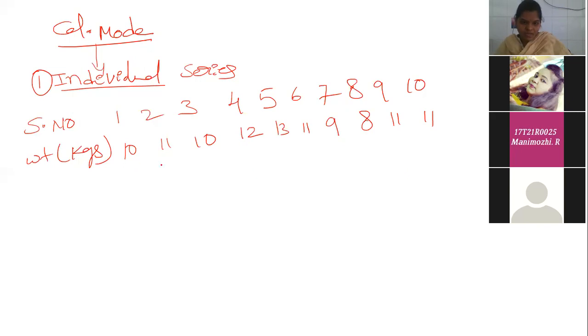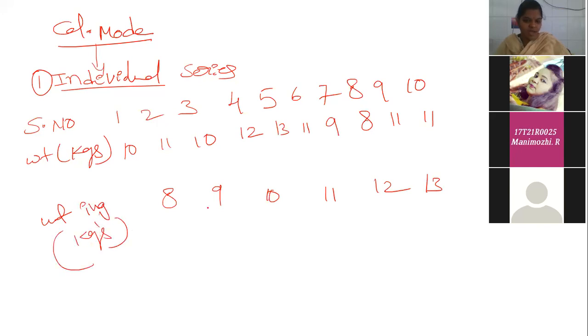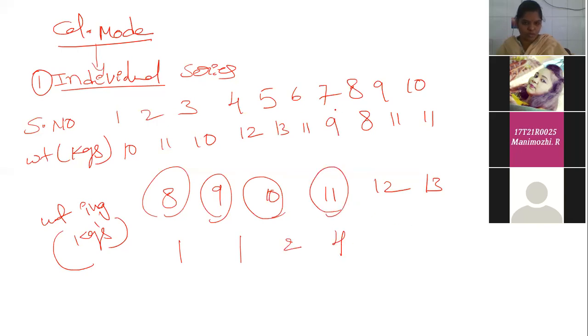Here we have weights 8, 9, 10, 11, 12, and 13, because only from these numbers the mode is found. 8 occurs one time, 9 one time, 10 two times, 11 four times: 1, 2, 3, 4. And 12 is one time and 13 is one time.